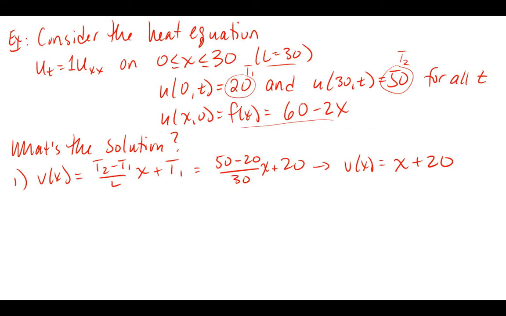So what's kind of interesting, though, is that this is saying what connects them. Across the bar, the temperature is actually just a straight line. And in reality, this is true.